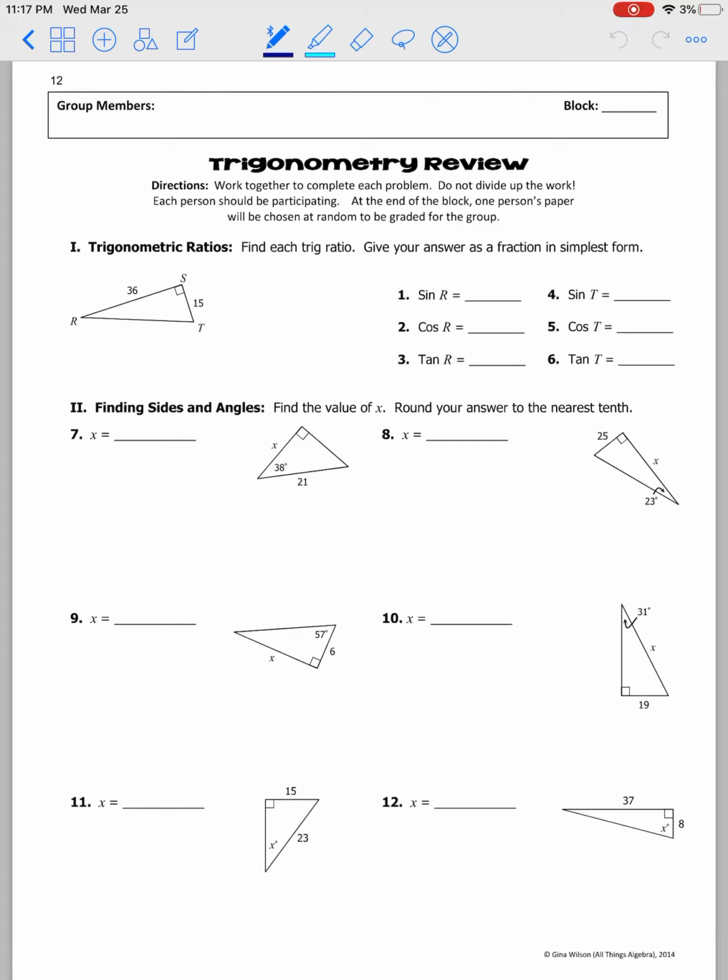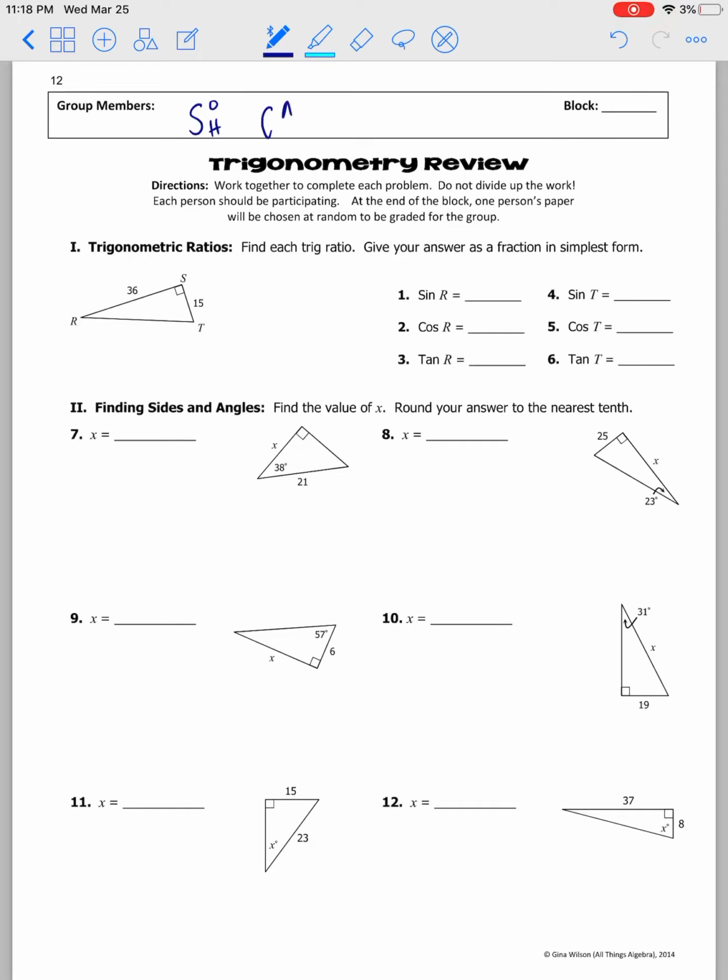So we have three ratios. I'm going to write them up here. We have sine, that is opposite over hypotenuse. Whatever angle we're talking about, it's the length of the side that's opposite to that angle over the hypotenuse of the triangle. Then we have cosine.